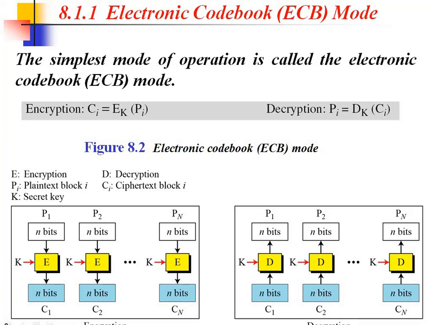As shown in this slide, the ith block of plain text is encrypted with a key K to generate the corresponding ciphertext block, that is Ci, and the decryption is done in the reverse order, that is we decrypt the ith ciphertext with the key K to get the original plain text Pi.